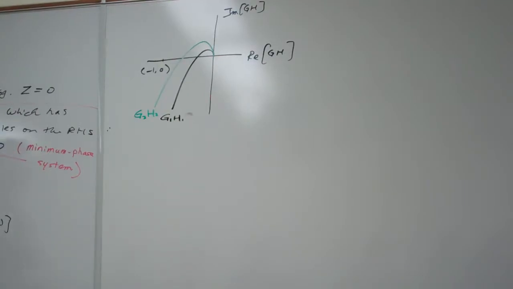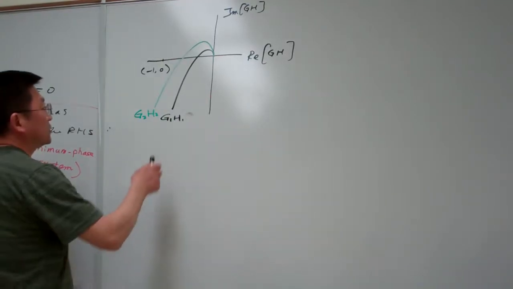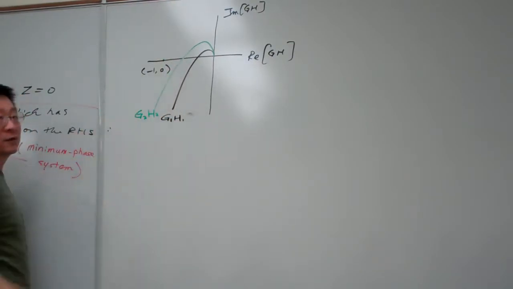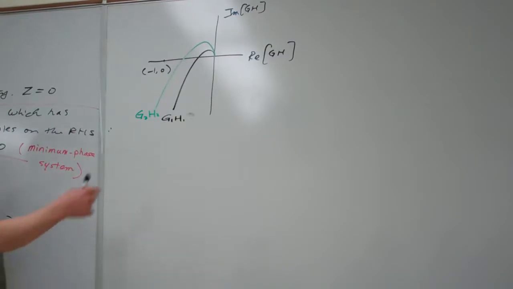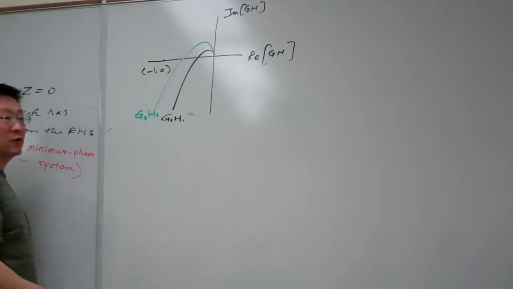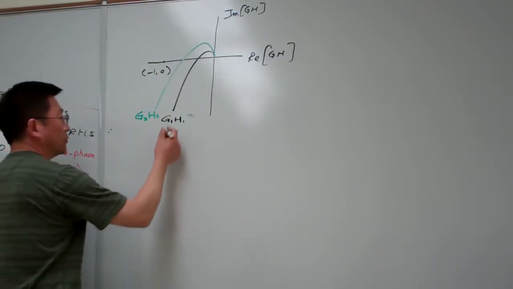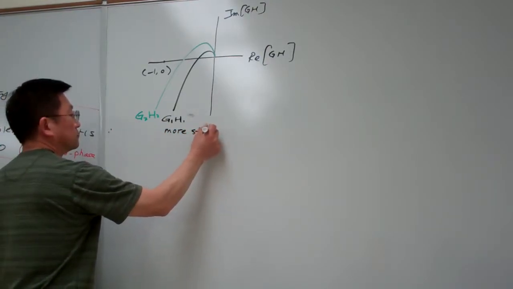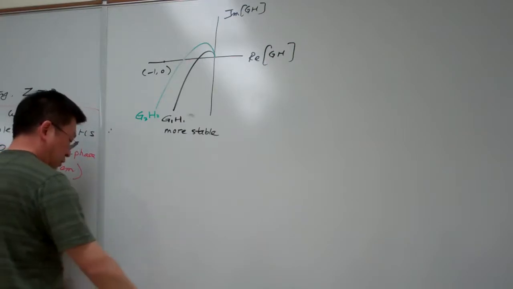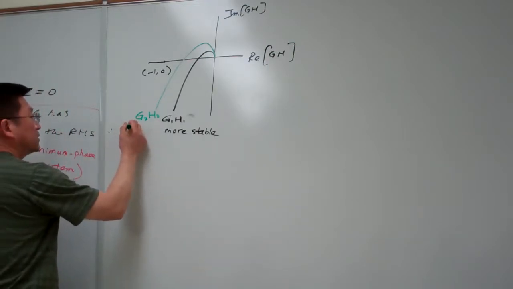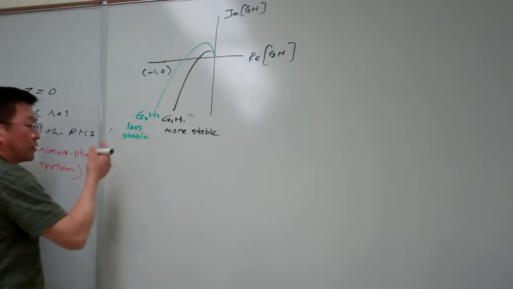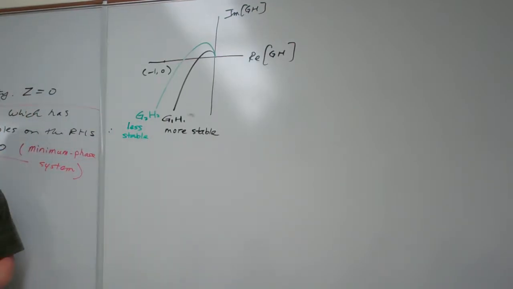For system 1, this curve is farther away from this critical point, and the green one is closer to here. So we say this system is more stable compared to the green one, which is less stable. Both systems are stable, but we can compare.